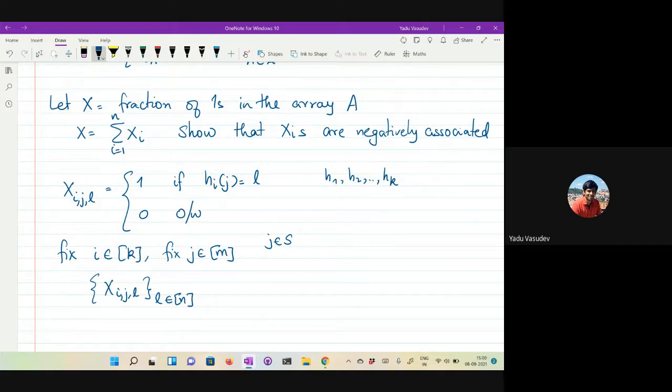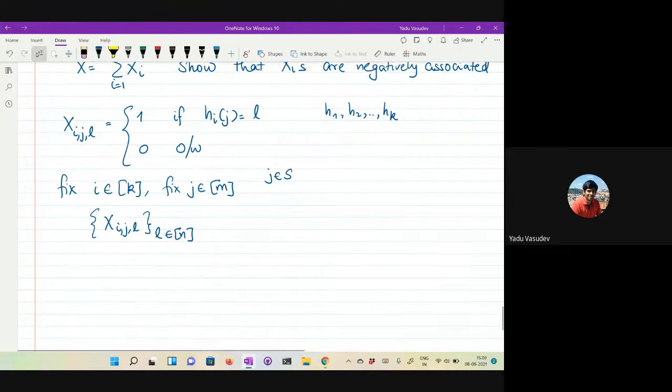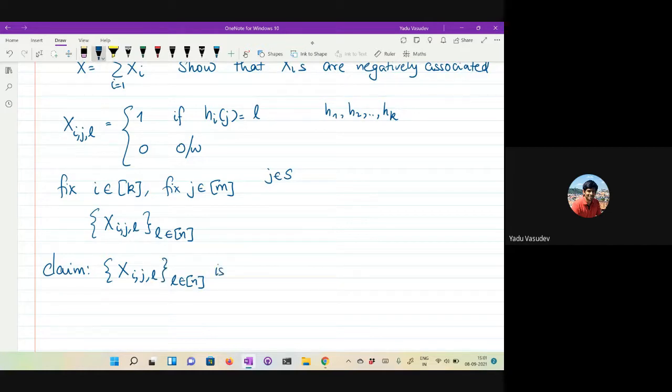So the first claim that I want to show is that x i comma j comma l, for l in [n], is negatively associated. Let's see why.